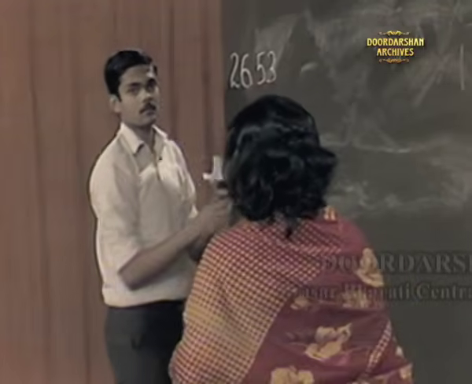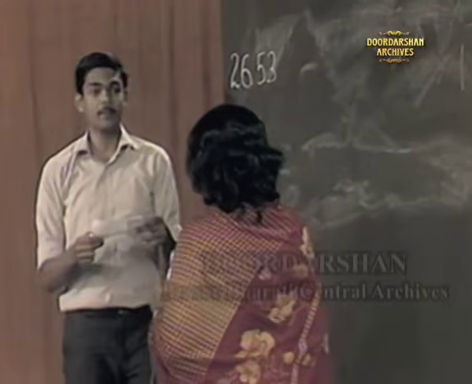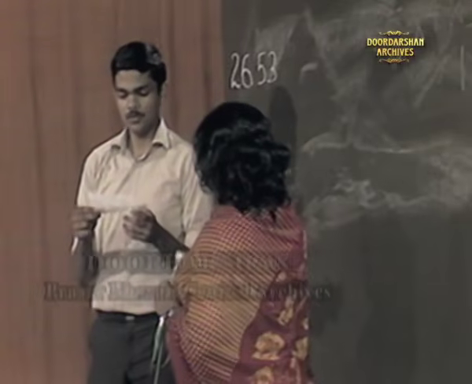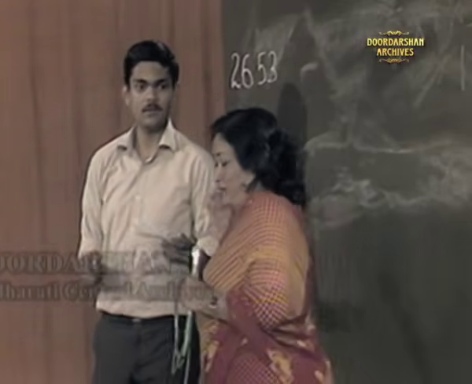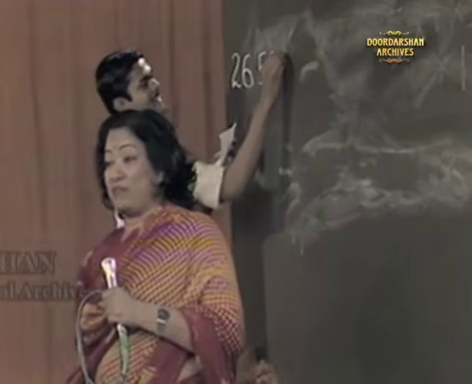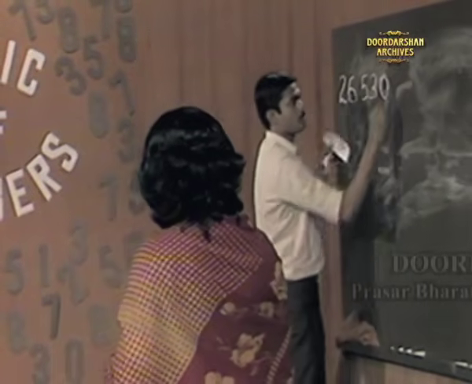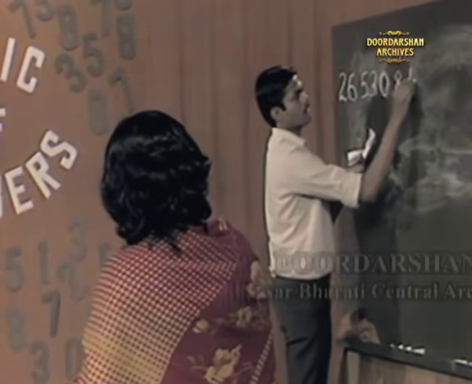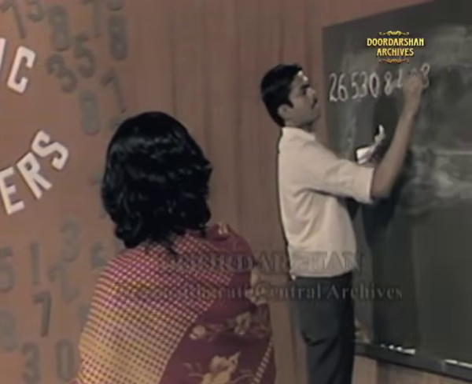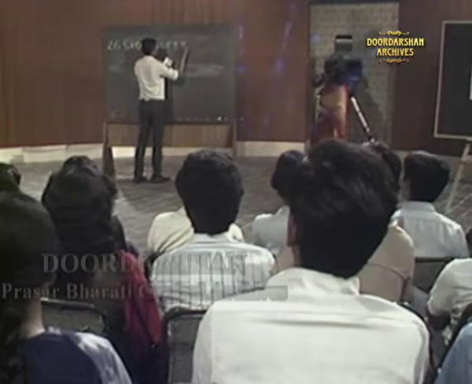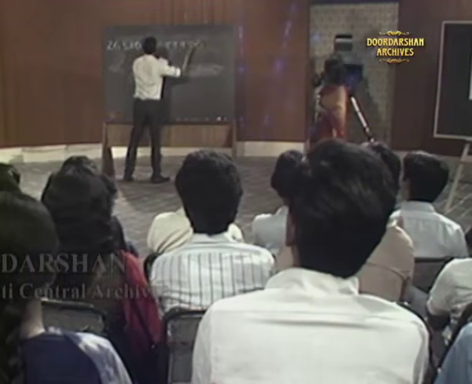Could you just tell me what this sum is supposed to be? It's a very big one. It says the 17th root of... okay, fine. Just write it. Who gave this question? Oh, wonderful. 17th root of 26530846 8991 00.